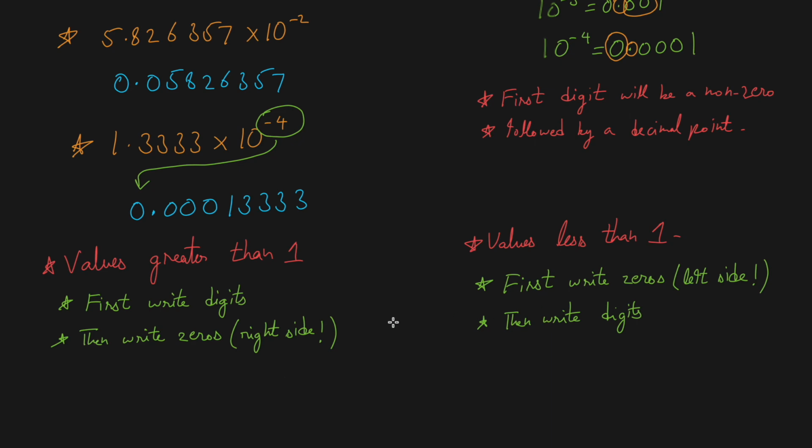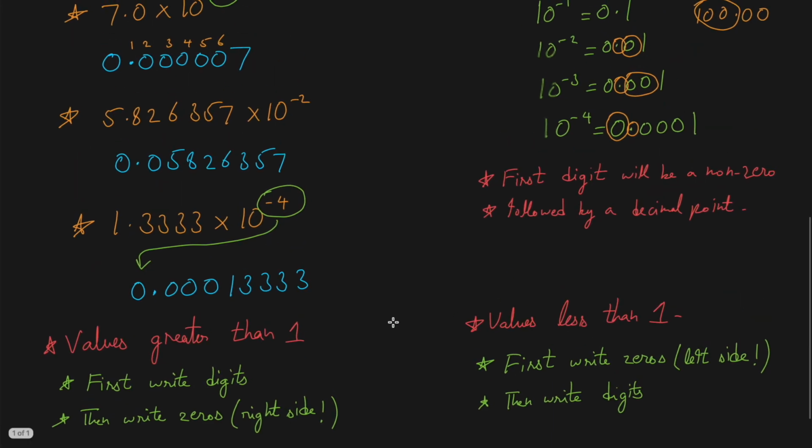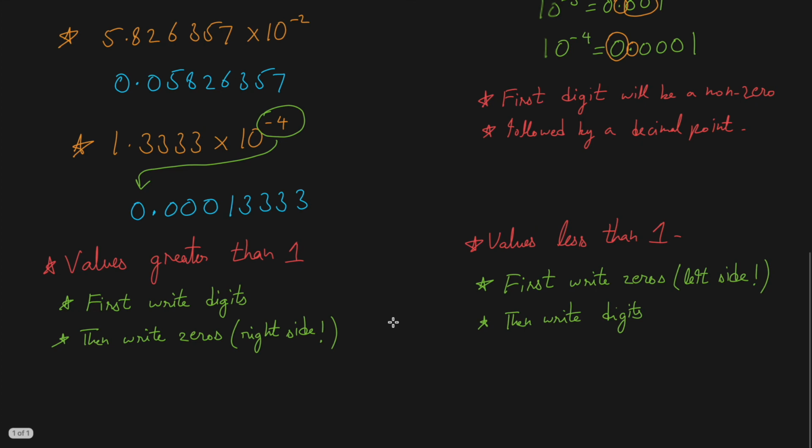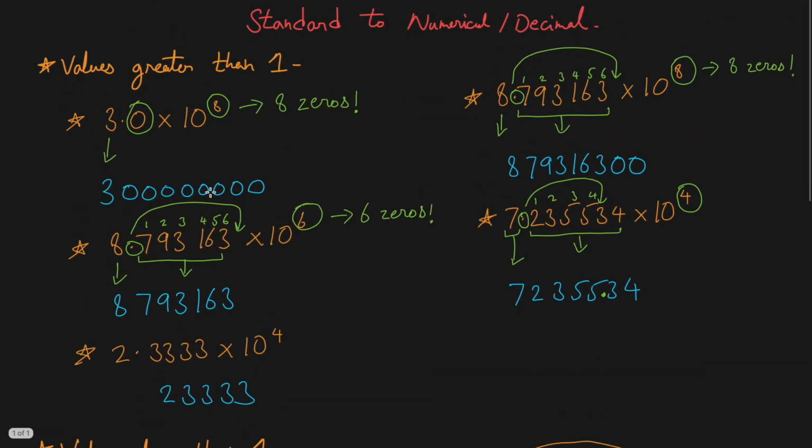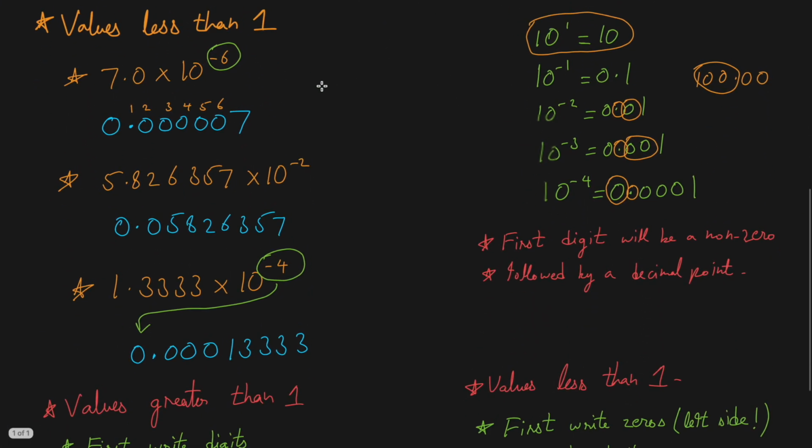So this is the video as it is, and as I told you before, we didn't encounter problems here, as we had this scientific notation for the values greater than 1, and here we have values less than 1. We only have simple methods.